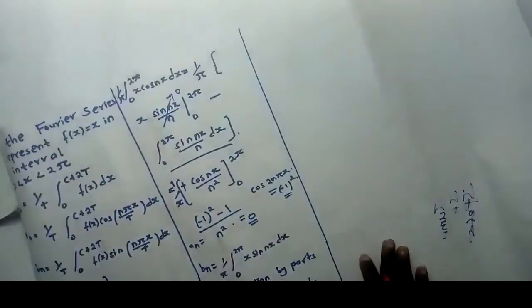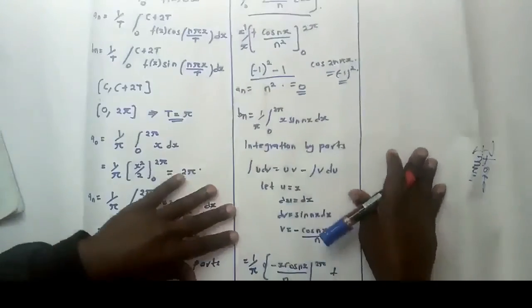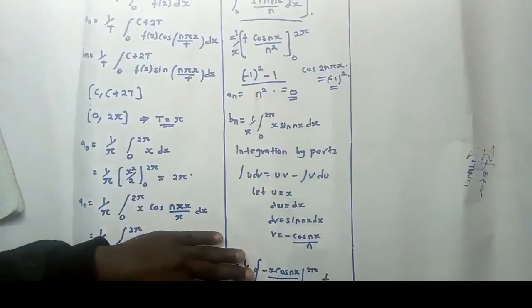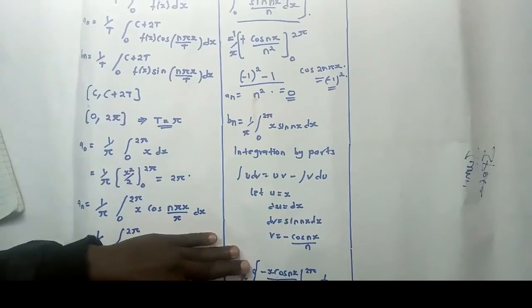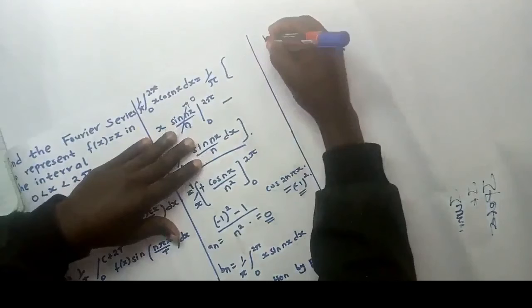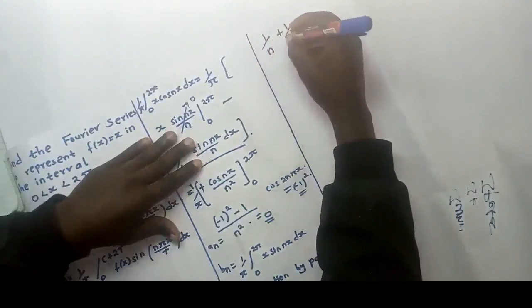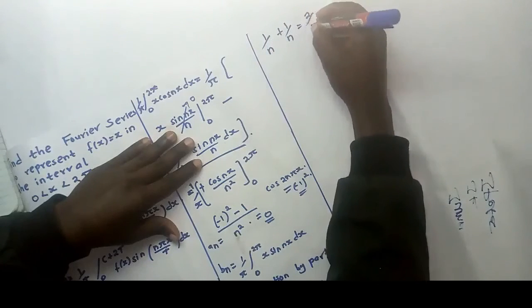And when you evaluate this, you will get a 2 over n, because 1 over n plus 1 over n is 2 over n.